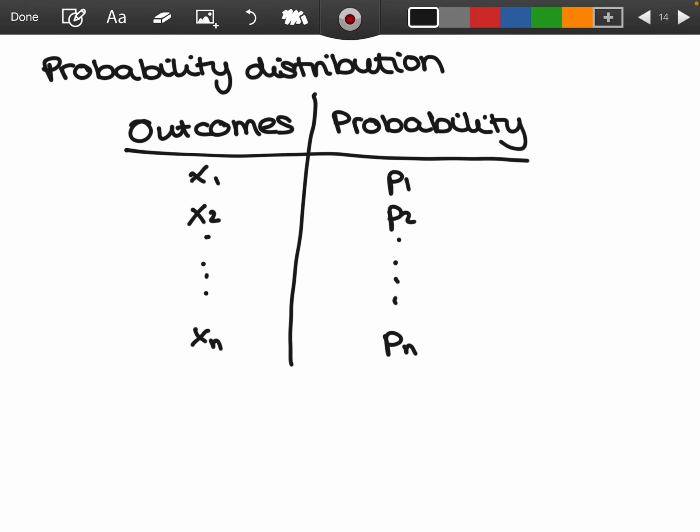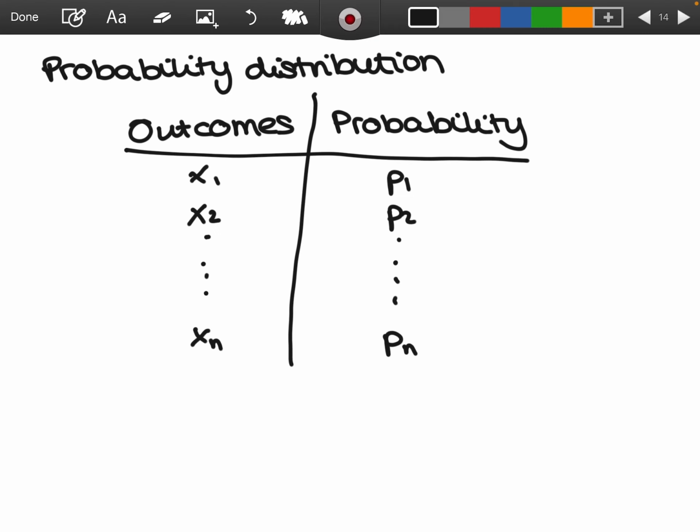If we've listed all of our outcomes here with each of the probabilities, that tells us that at least one of those outcomes must happen. Okay, one of the outcomes on there has to happen. There may be outcomes on there that might not happen, but 99% of the time when you do a probability distribution table like this, you list the outcomes that at least have some chance of happening.